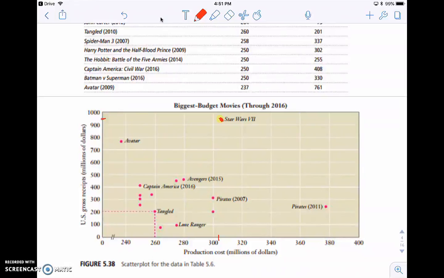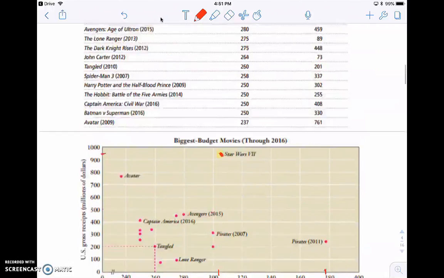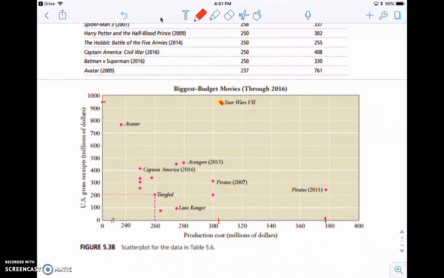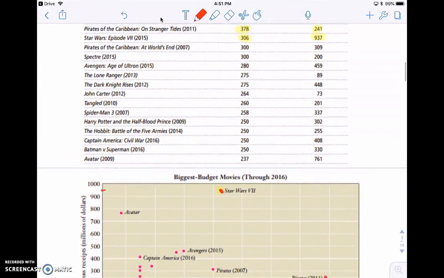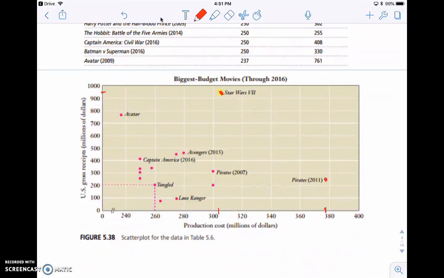Pirates of the Caribbean, however, took $378 million, but they only brought in $241 million. So they're way down here. And we do that with all of these different movies here, and we get this scatter plot, and it helps us see quickly what that data looks like from a visual standpoint.